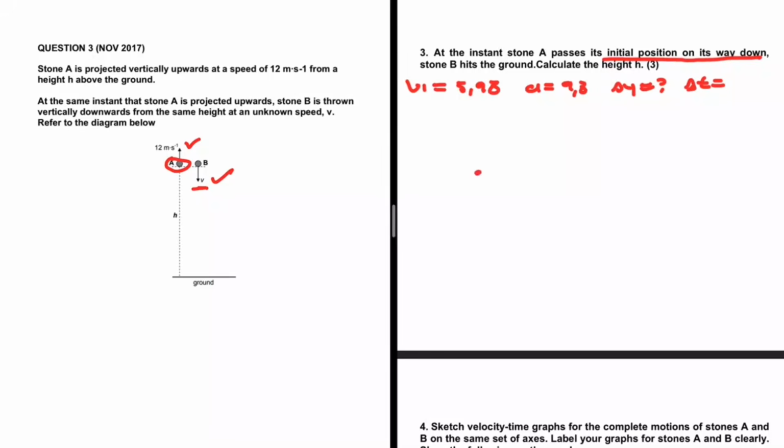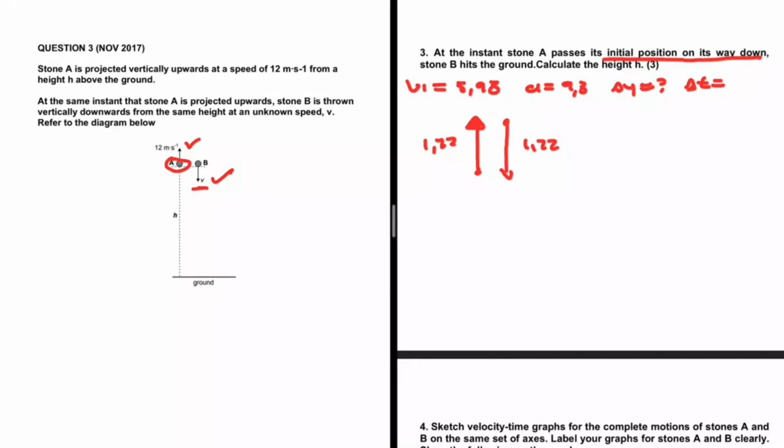If it takes 1.22 seconds to go from the initial position to the maximum height, it will take 1.22 seconds to go from the maximum position to the initial height once more. So the time taken for the entire motion is 1.22 multiplied by 2.